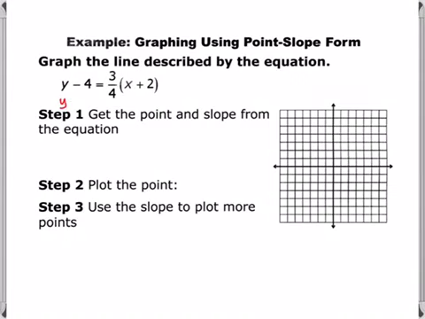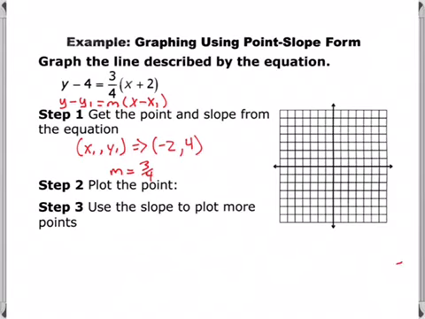So remember, this equation is written in y minus y1 equals m times x minus x1 form. So that means your x1, y1 point in this case, we can go ahead and take out of the problem. X1 is going to be -2, y1 is going to be 4. And then we know our slope, it's 3/4. So what we can do is plot this point, the -2, 4 first.